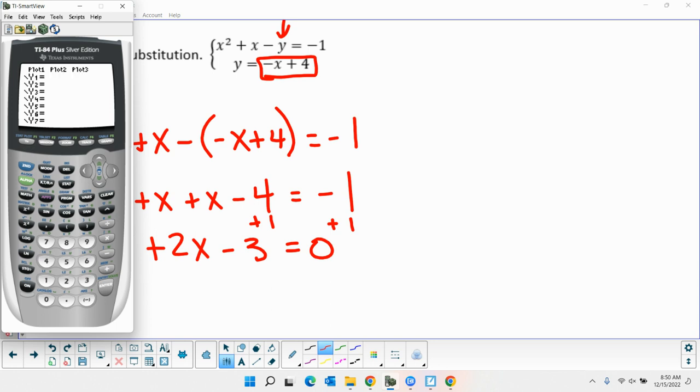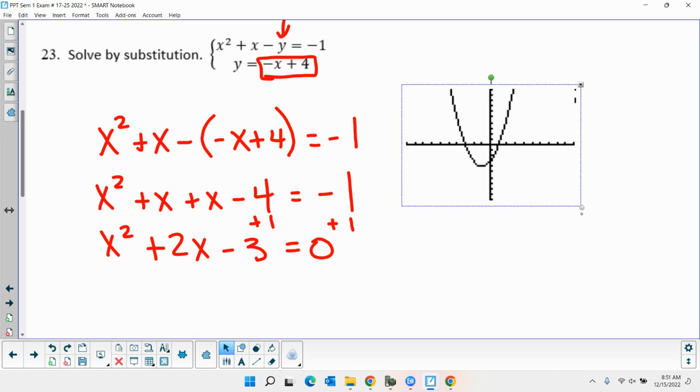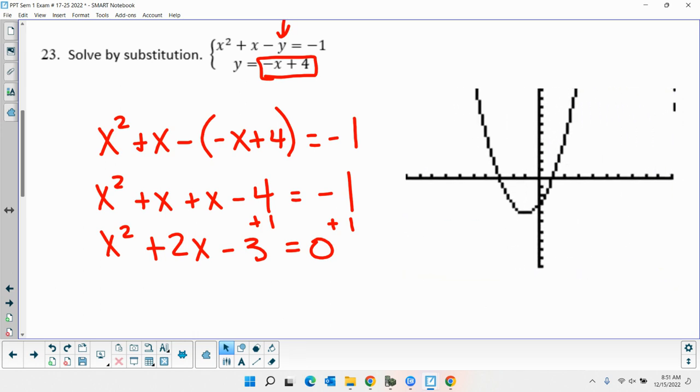All right, x squared plus 2x minus 3, graph. And these 2 spots that it crossed the x-axis, -3 and 1, are the answers, right? So if that's how you want to solve that, you can.